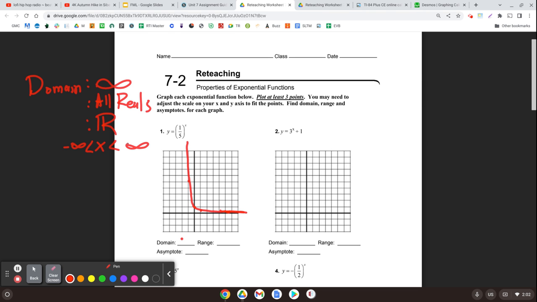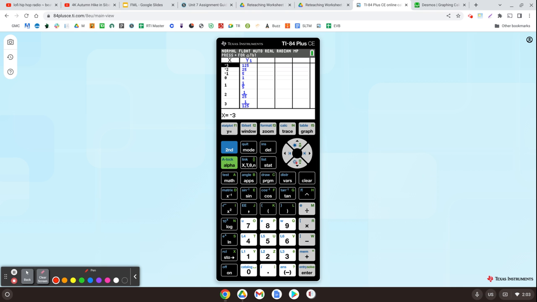Now we do have a limit on our range. If you notice, y is always going to be greater than 0, not greater than or equal to 0, greater than 0, because there's nothing we can put in that will make this actually go to 0. A good way to think about that is just to explore through your graphing calculator.